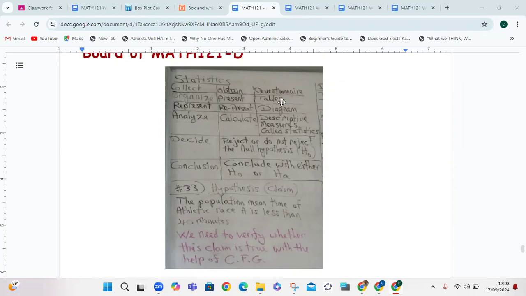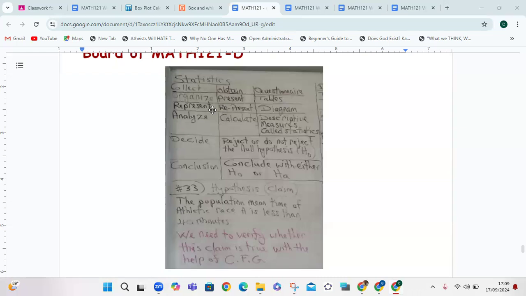Tables might not be sufficient for you to be able to test that hypothesis, because the tables come with a whole bunch of numbers and you might not be convinced enough to decide or conclude with your claim, right? Remember, we want to see whether or not the mean is less than 40.